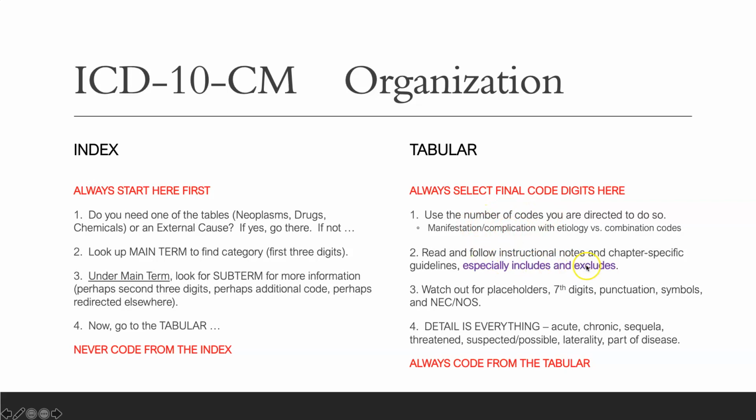We looked at includes, excludes, instructional notes, those types of things. We didn't have to worry about placeholders or seventh digits or punctuation symbols or not elsewhere classified, not otherwise specified. But we did need to make sure we addressed the acuteness and the laterality, the fact that it was the left. And so we coded from the tabular. So that is how this is done.